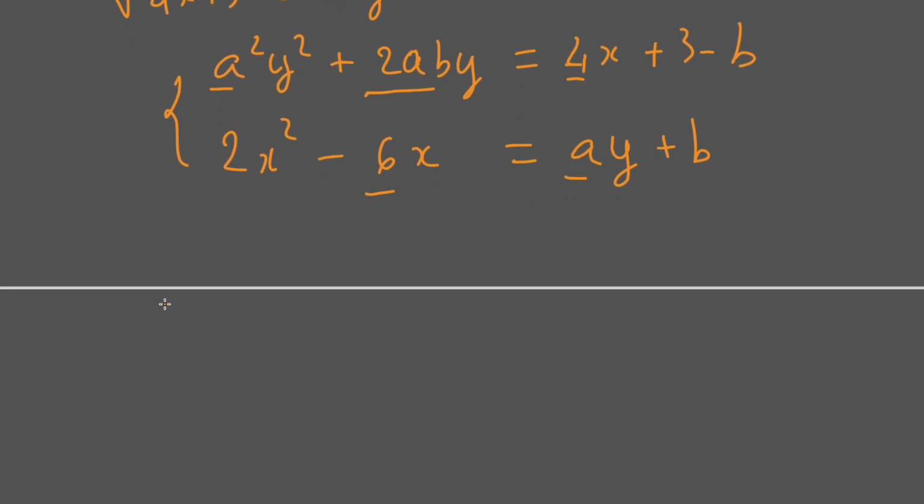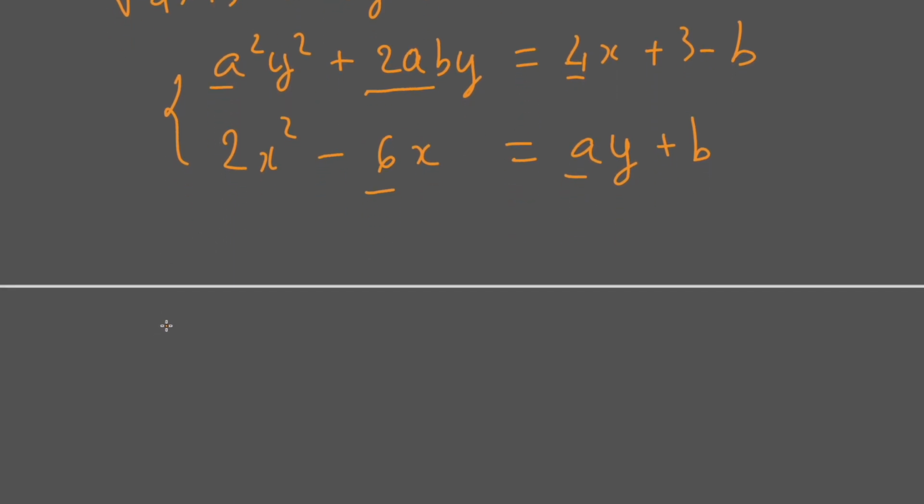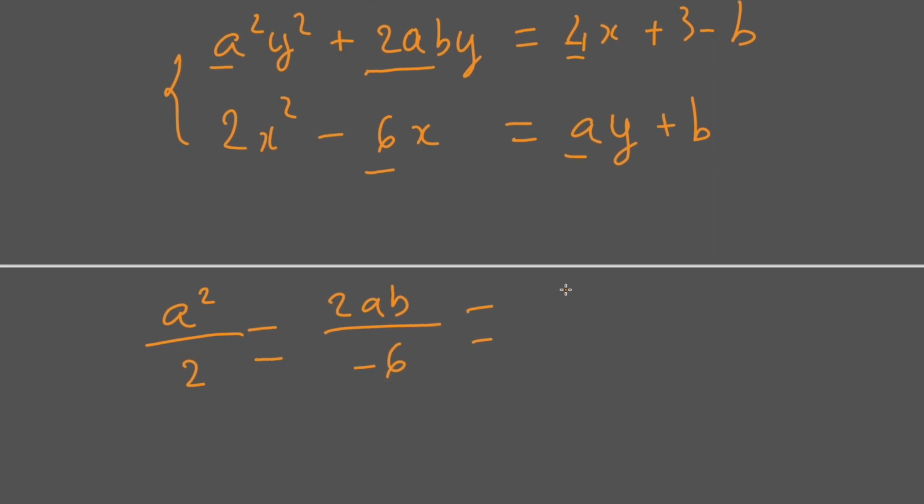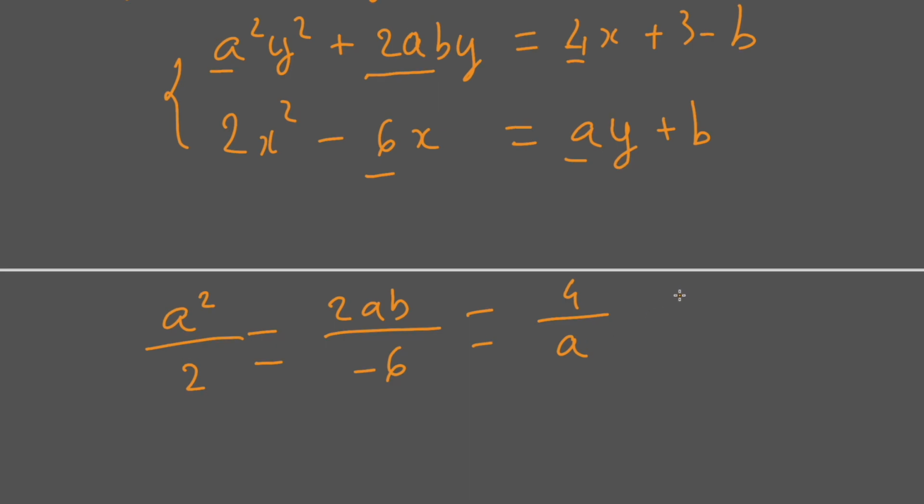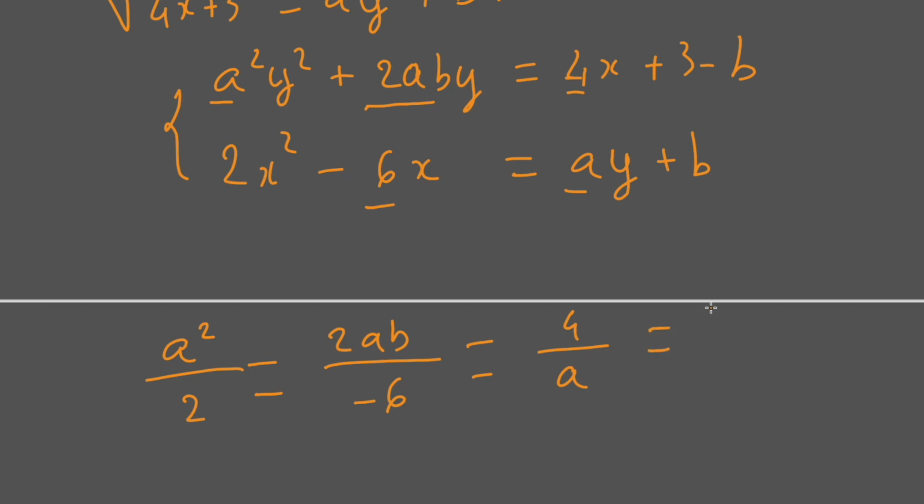So we just put a squared over 2 equal to 2ab over negative 6 equal to 4 over 8 and equal to (3 minus b squared) over b.